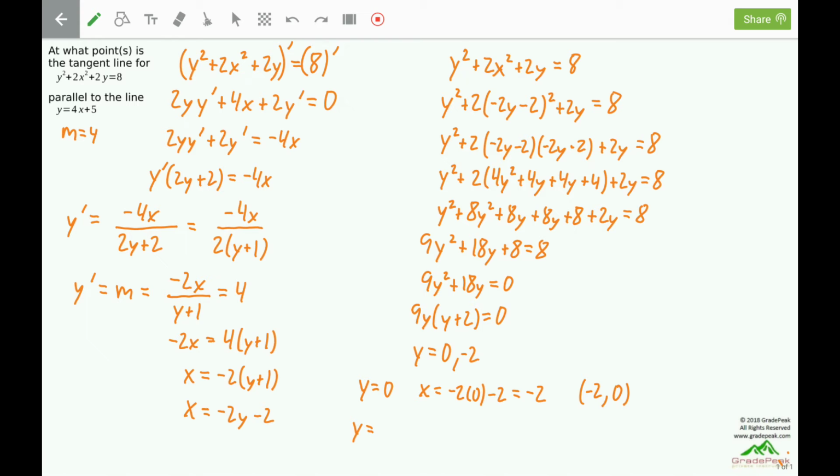We also have the y-coordinate of negative 2, and x will be negative 2 times negative 2 minus 2. Negative 2 times negative 2 is 4, minus 2, which comes out to 2. So we have an x-coordinate of 2 paired with a y-coordinate of negative 2. And there are the 2 points where we have our tangent line parallel to the line y equals 4x plus 5.